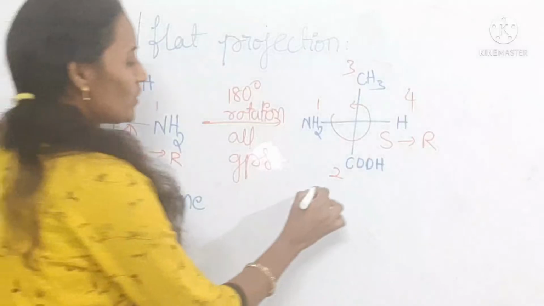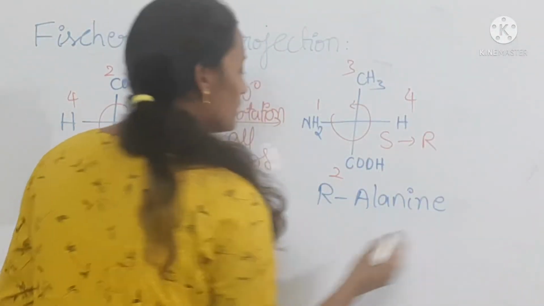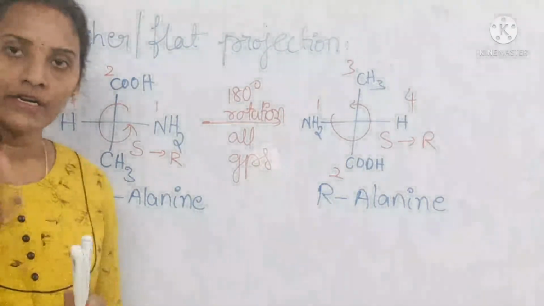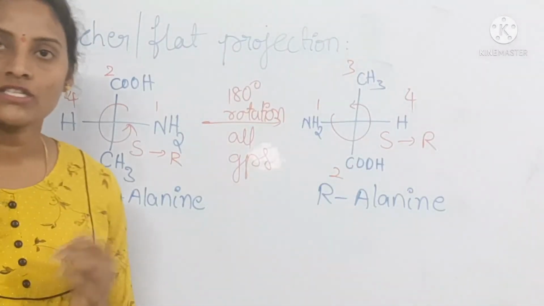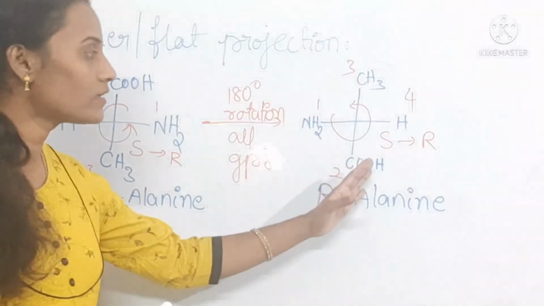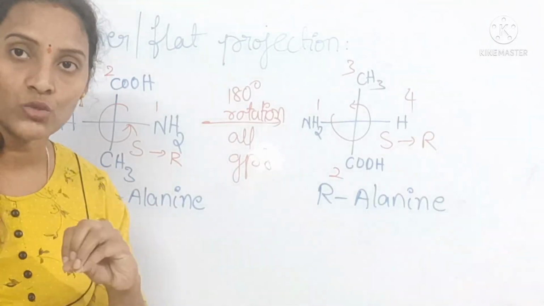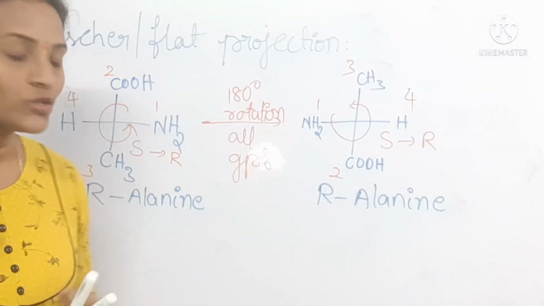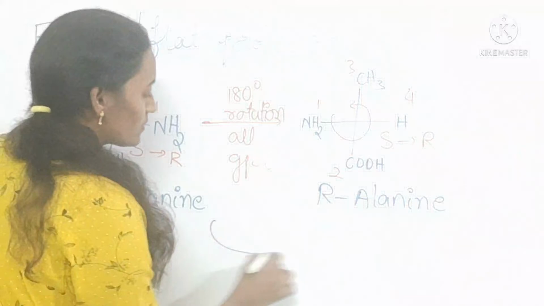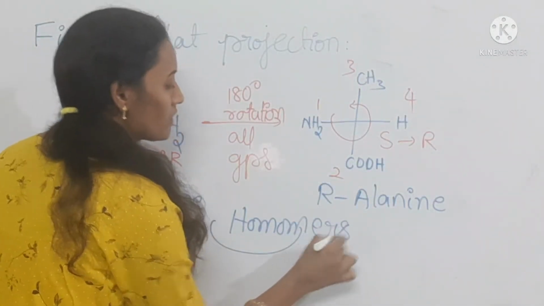This is also R alanine. There is no change at all by rotating all groups in this first isomer by 180 degrees. The next isomer after rotation also shows the same configuration as the first one. So these two are homomers.